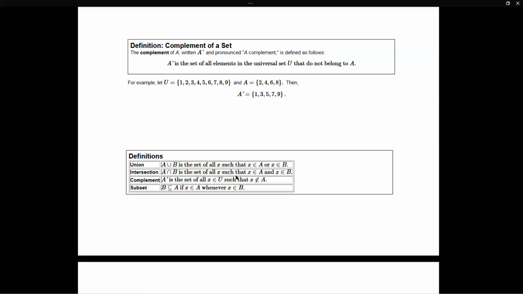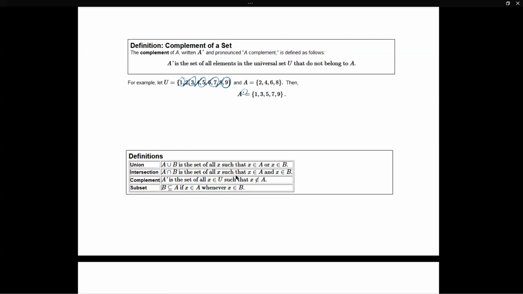If we have a set that has the elements from 1 to 9, and we have a subset 2, 4, 6, 8, then the complement is going to be 1, 3, 5, 7, 9. And it's denoted by this.